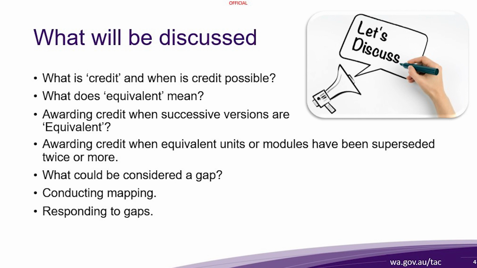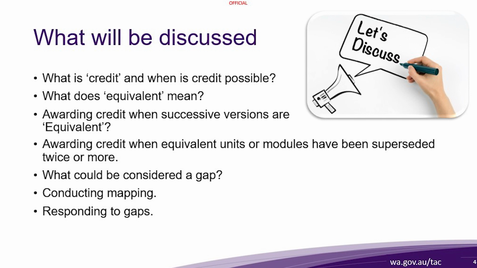So we then need to ask the question, what does equivalent mean? Because one of the ideas within the context of this webinar is that credit can be granted for equivalent units as well as for the actual units, but there are conditions in relation to that, so we need to understand the concept of equivalence. That takes us, of course, to awarding credit where successive versions are equivalent.